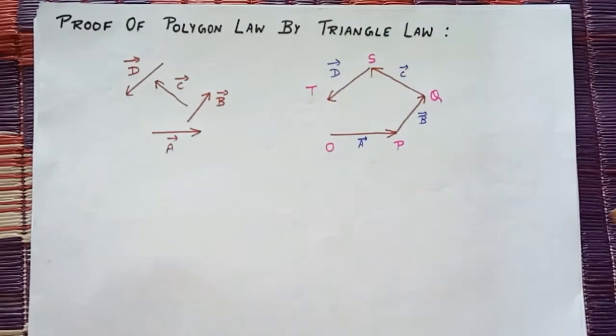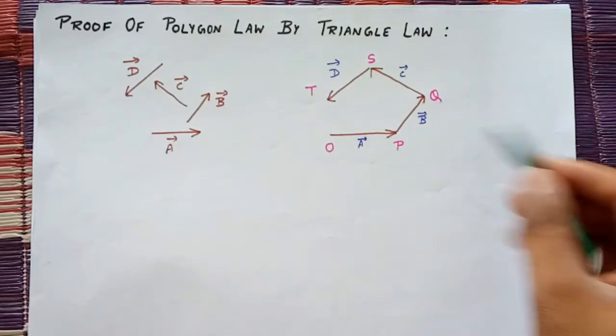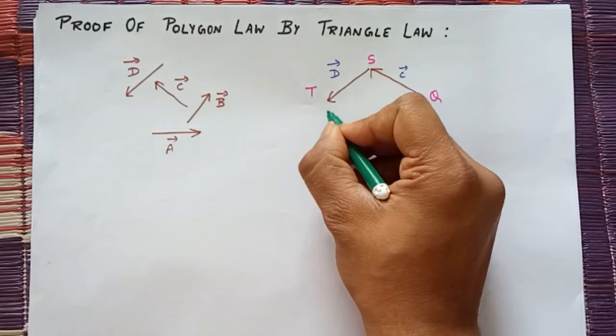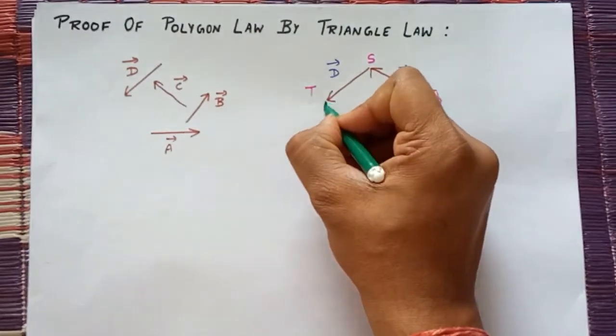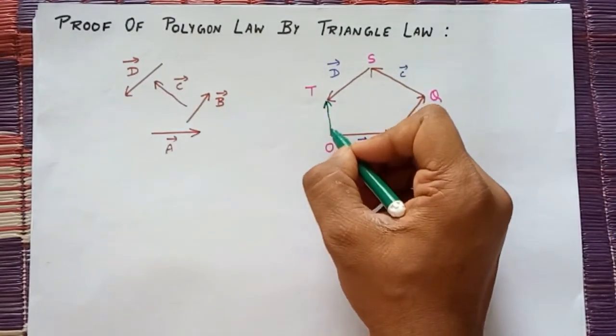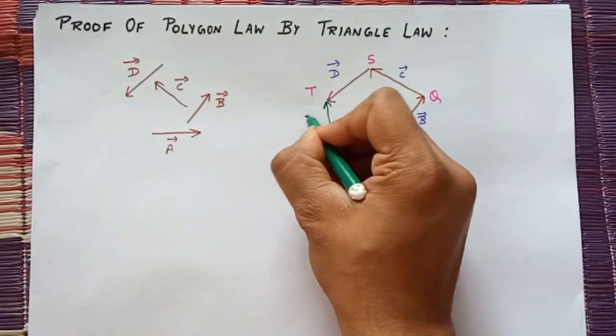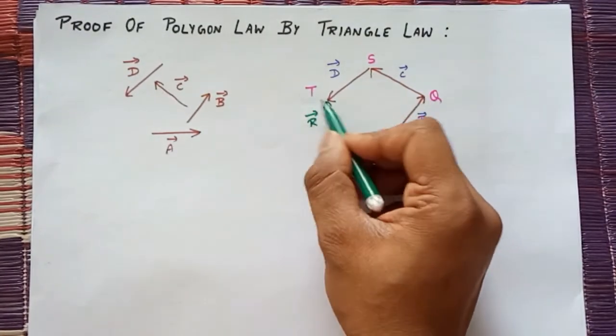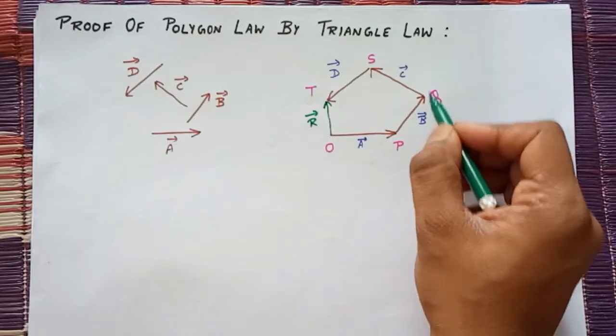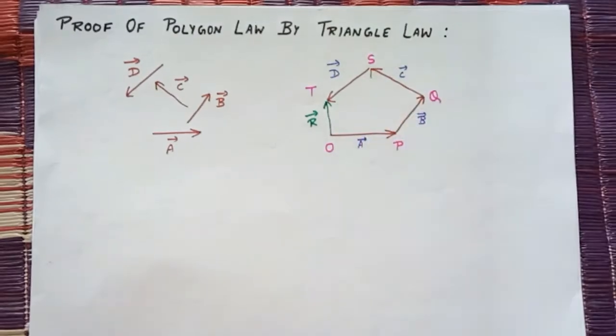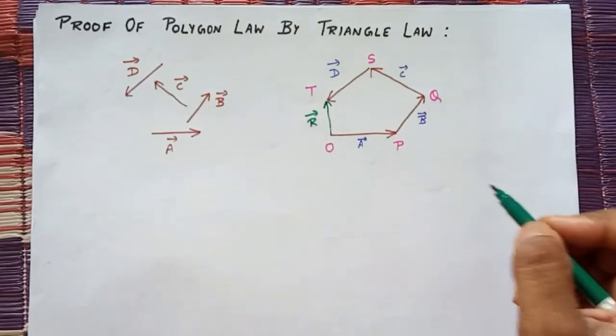So according to polygon law, what will be its resultant? Its resultant will be the closing side of the polygon in the opposite direction. This one means OT vector, or I can say this one will be the R vector, and this resultant should be equal to a vector plus b vector plus c vector plus d vector. We will prove it by using the triangle law.